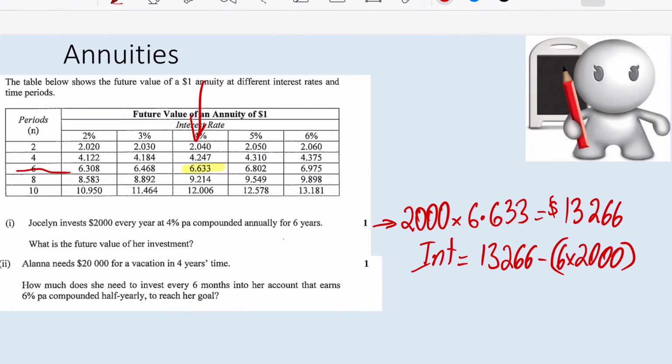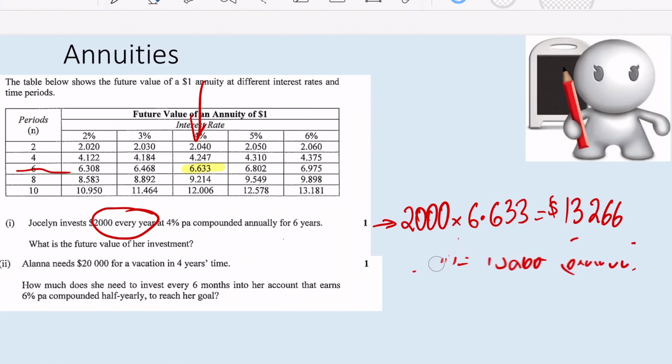Okay, because an annuity is a recurring investment. Okay, and here it says she's investing $2,000 every year for 6 years. All right, so try to make sense of the information that's actually given to you, like within the question, and also within the topic as well.